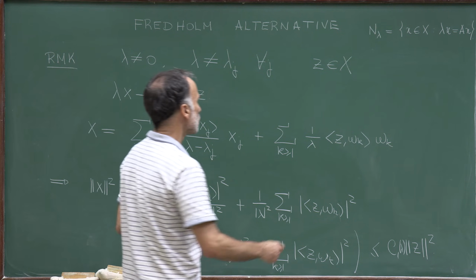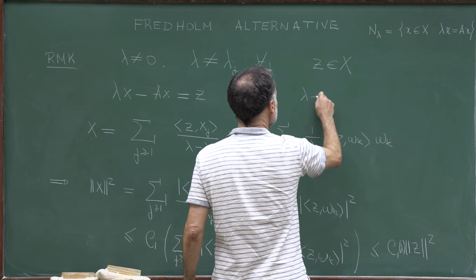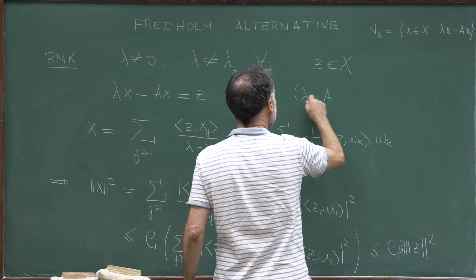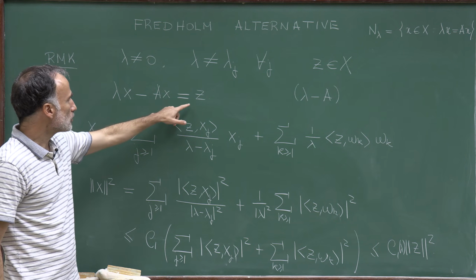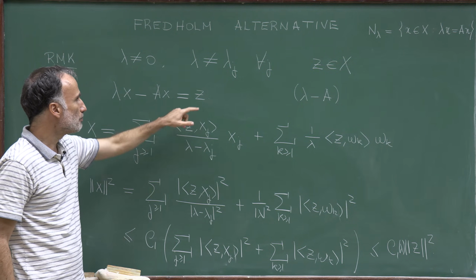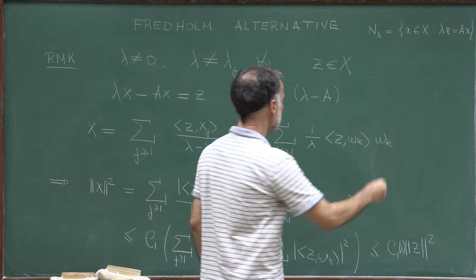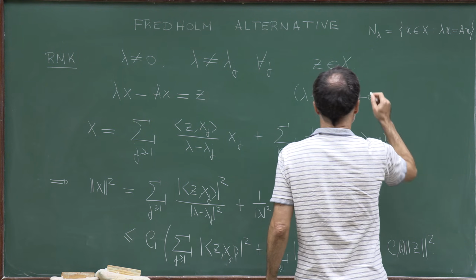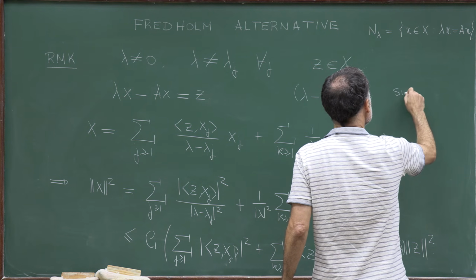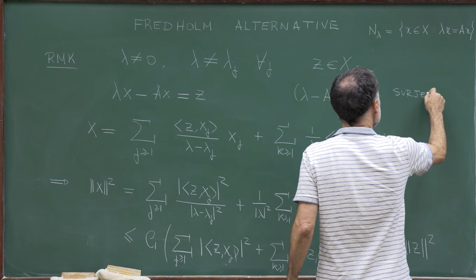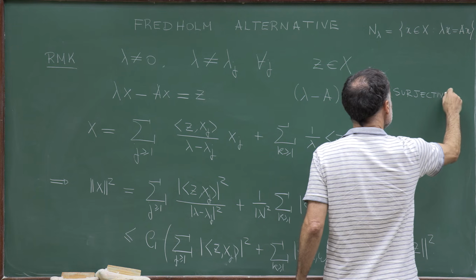Now what I want to consider is the following: the operator lambda minus A. The existence of a solution for all z's means that this operator is surjective, which means that it's onto.